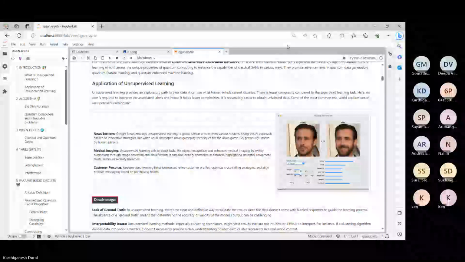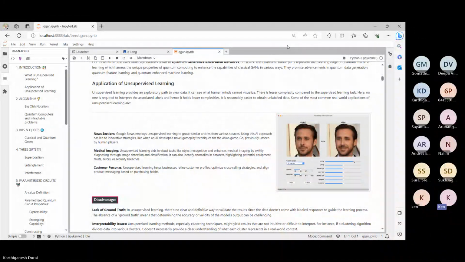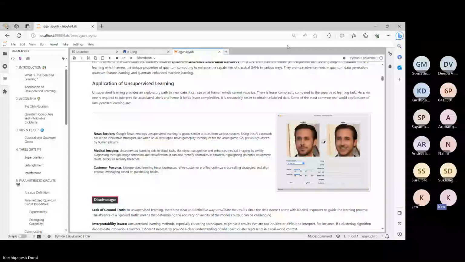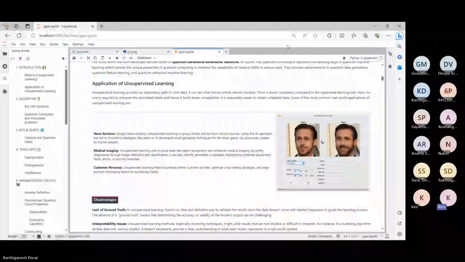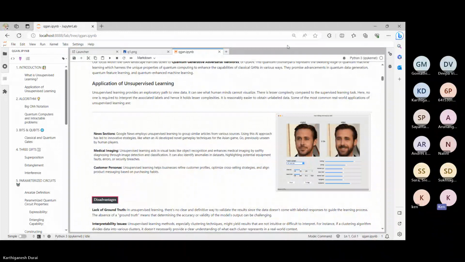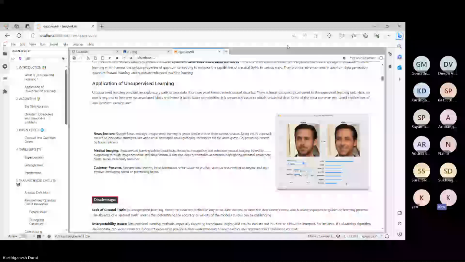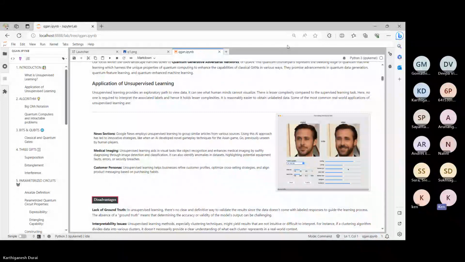Okay, so the applications come in where unsupervised learning allows us to do is to see and visualize things that weren't really available to us in the first place. Also, there's less complexity compared to supervised learning. And some common real-world applications of these are for the news selection. So Google does employ this, medical imaging, and customer persona.